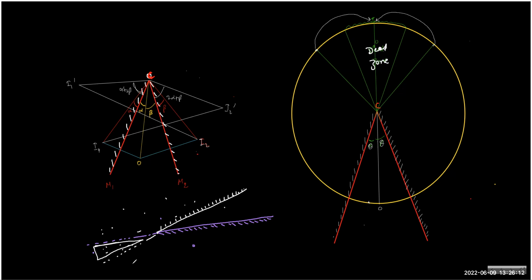It is like the light ray will go away from the mirror. Understood? Yes. And therefore you won't get any further images. So that's called the dead zone. Dead zone means the region behind both mirrors, the common intersection region of the two mirrors.